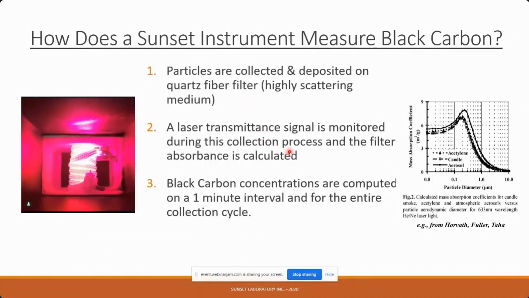And then every minute, the software is computing the absorbance change in the filter. So in these results, you will be able to see 1 minute changes in black carbon, if that's the type of resolution that you might be interested in.